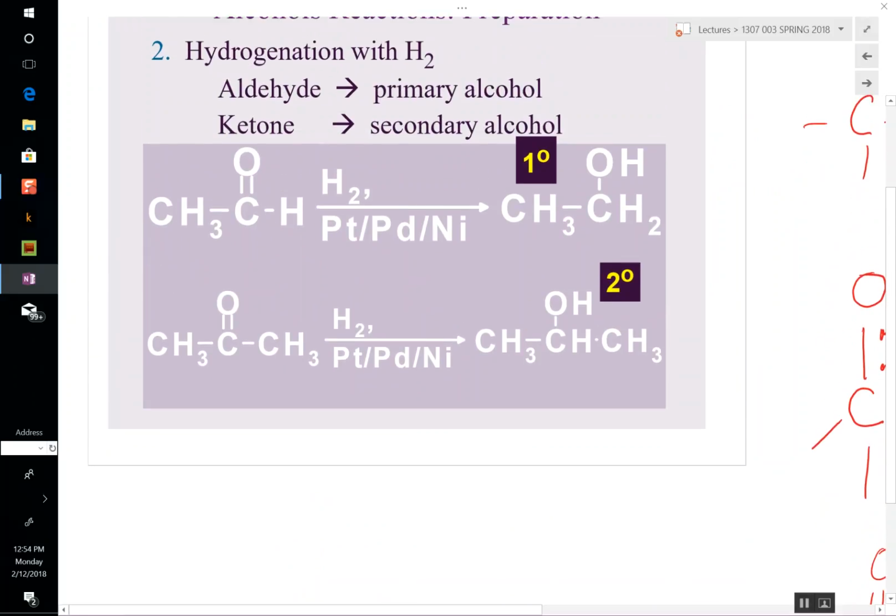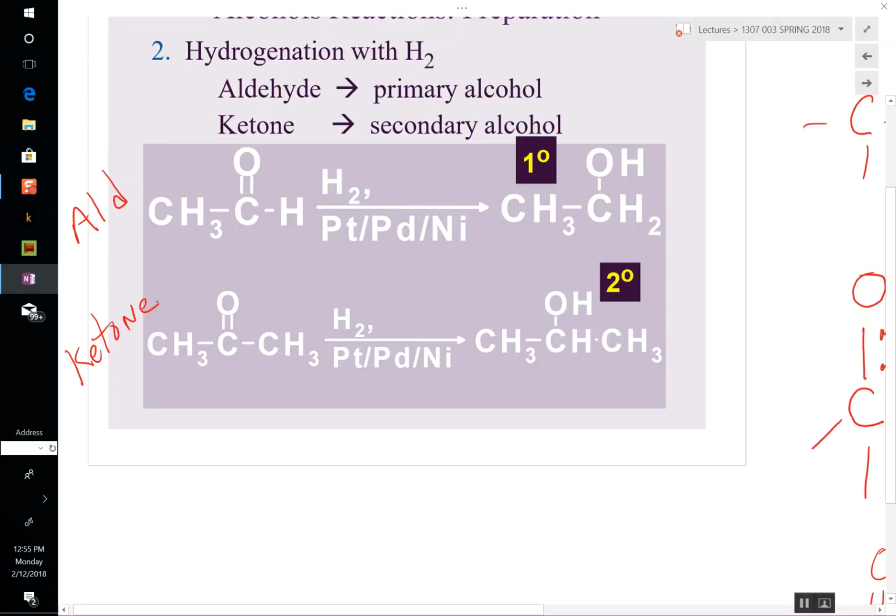And what this slide is trying to show you right here is that this is an aldehyde and this is a ketone. They both have a carbon-oxygen double bond. That's what chapter 13 is all about, aldehydes and ketones. What is different?